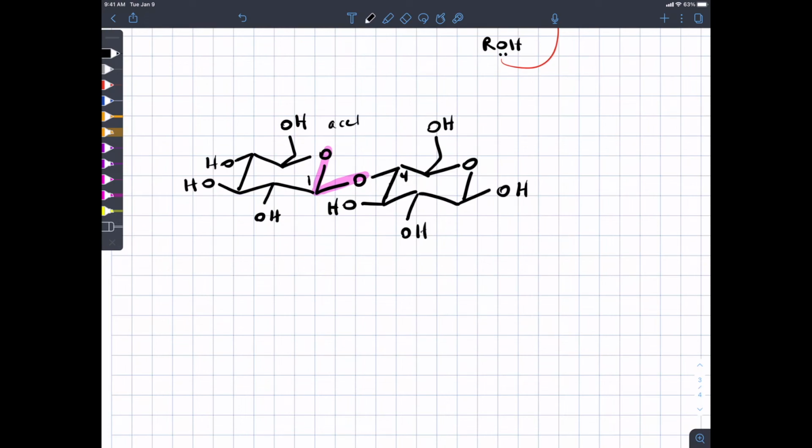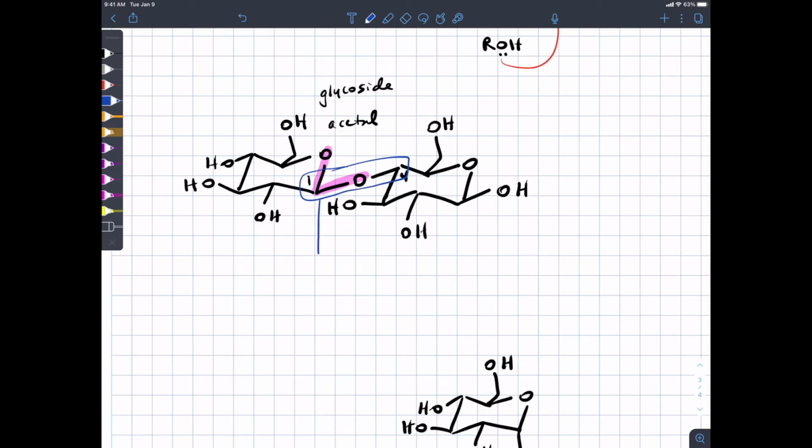This is an acetal. But when the anomeric carbon is on a sugar, we call it a glycoside. And this linkage between carbon 1 and carbon 4 on the other sugar, we're going to call a glycosidic linkage. You will hear that definitely in biochemistry.